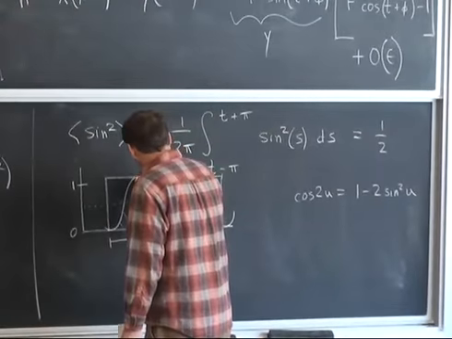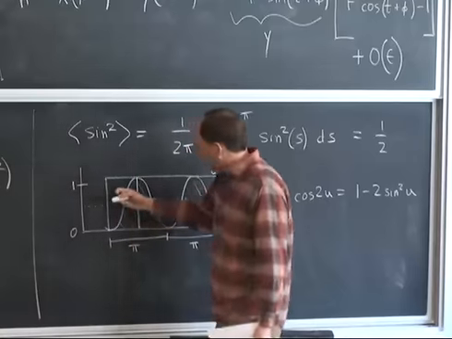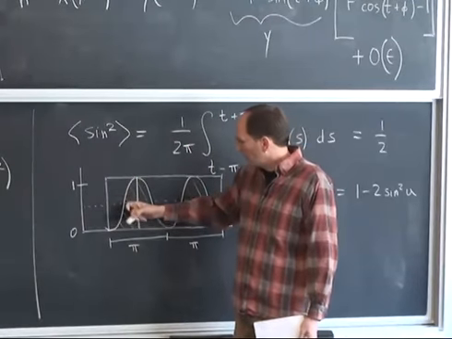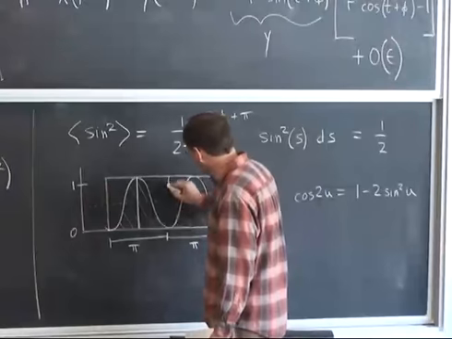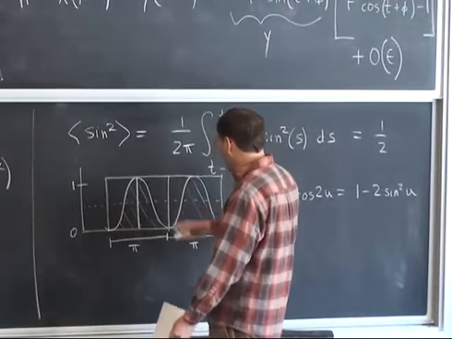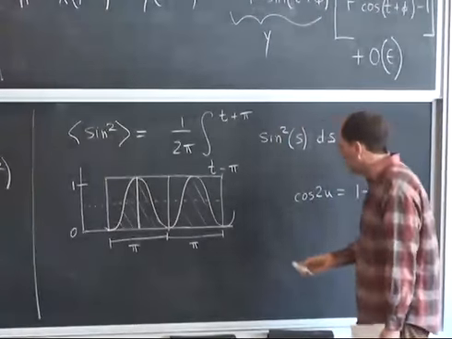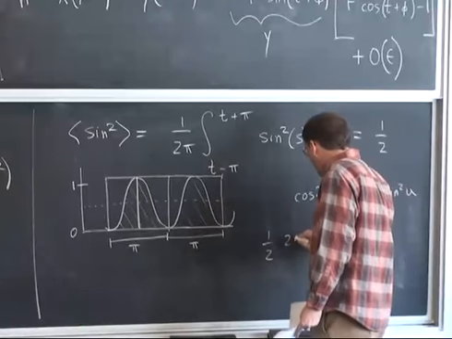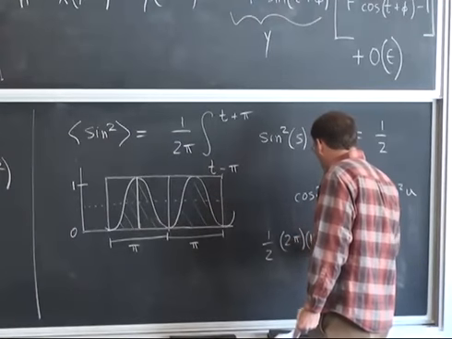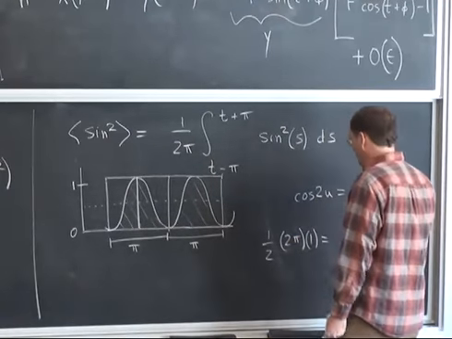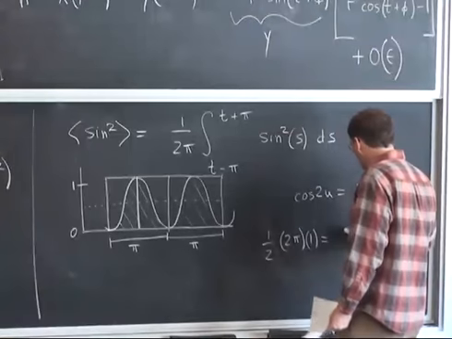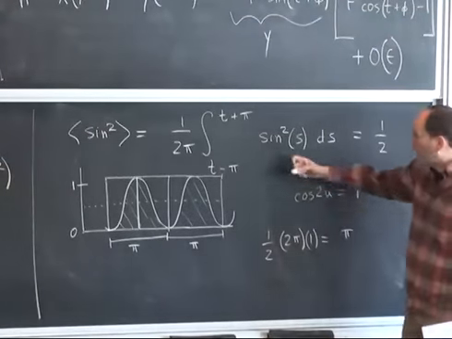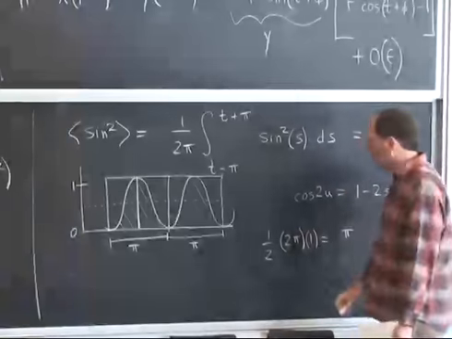That is, if I do this, that's a puzzle piece which is exactly the same shape as that puzzle piece. So this occupies half of this box. This occupies half of that box, and so on. So it's 1/2 the area of the whole box, which is 2 pi times the height, which is 1. So the area of this box, this integral of sine squared is pi, but then I'm dividing by 2 pi. So I'm getting a half.